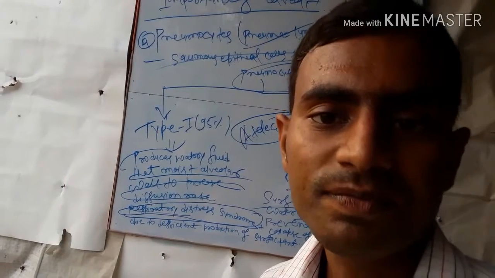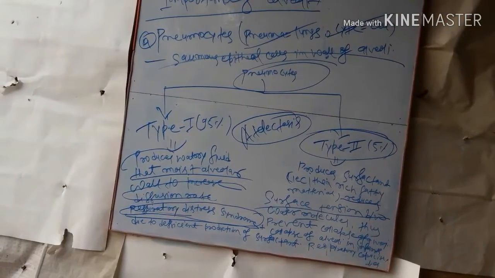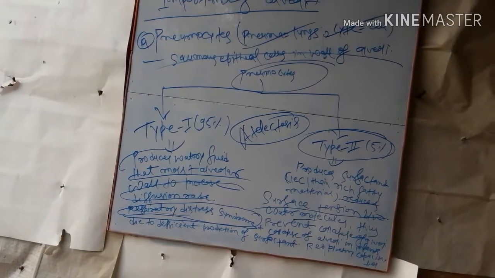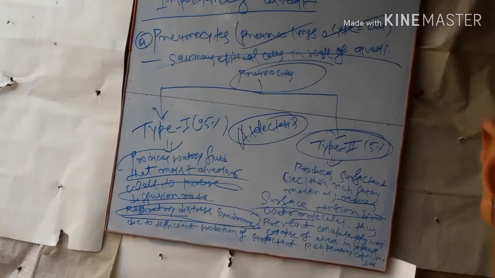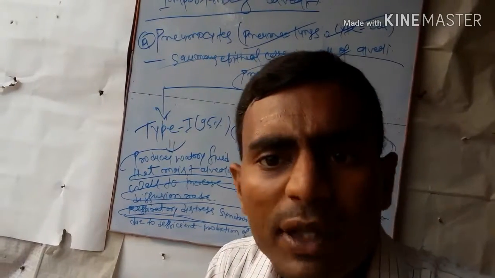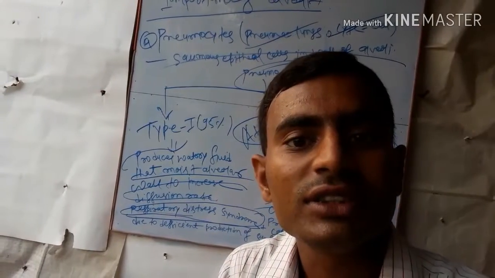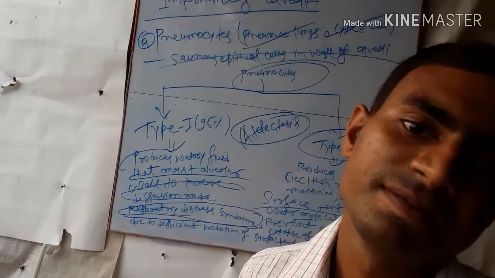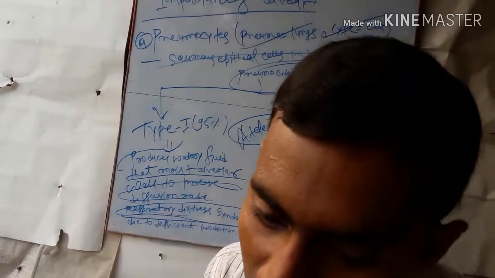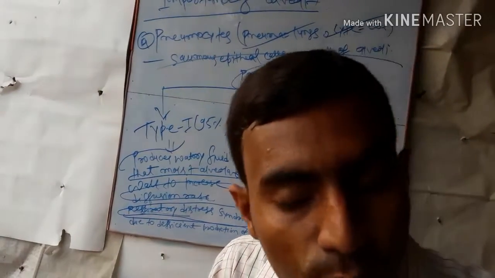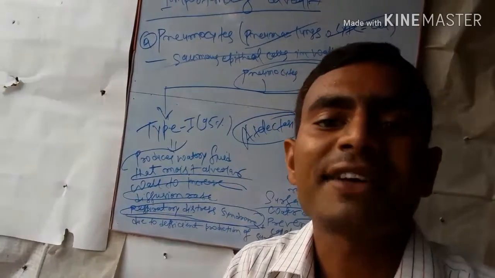And one term is the Clara cells. What are Clara cells? Clara cells are cuboidal epithelial cells in bronchi that produce surfactant.